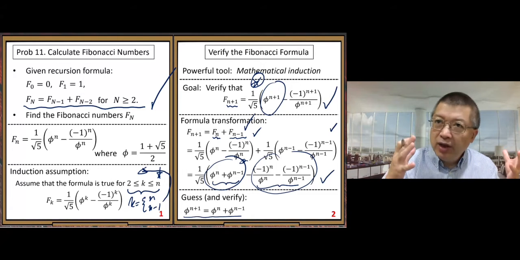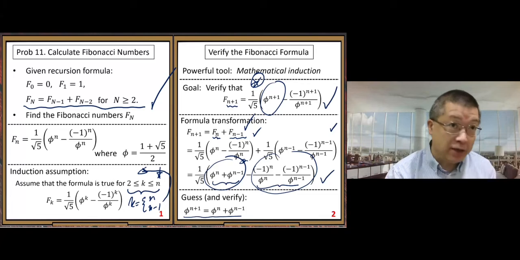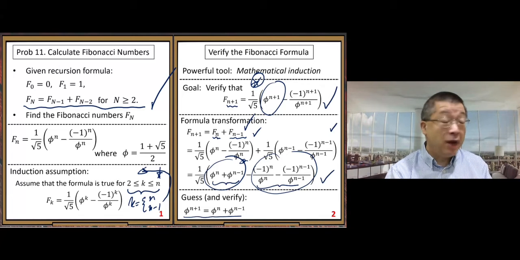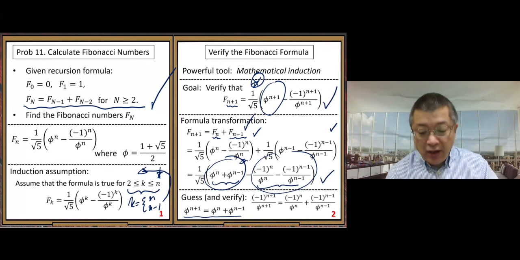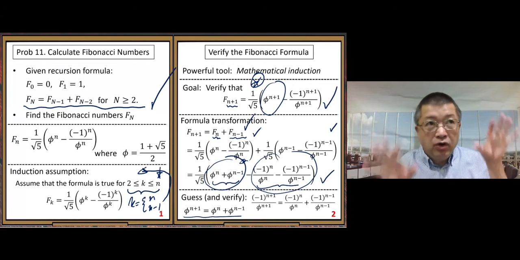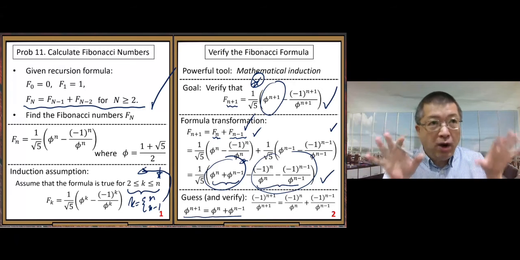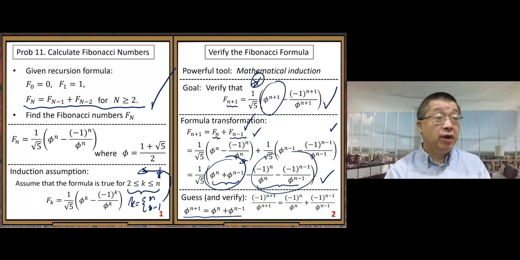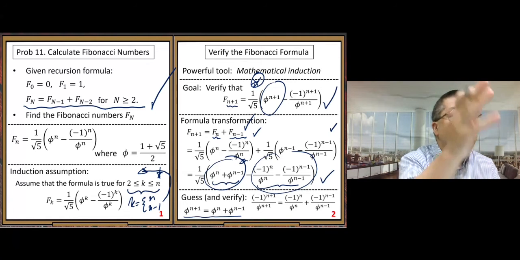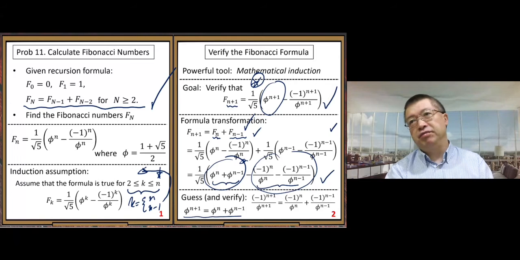So we make our reasonable guess. When you make a guess, you have to make a good guess, not a bad guess. Similarly, the fractional parts should also be the same. That's our guess.